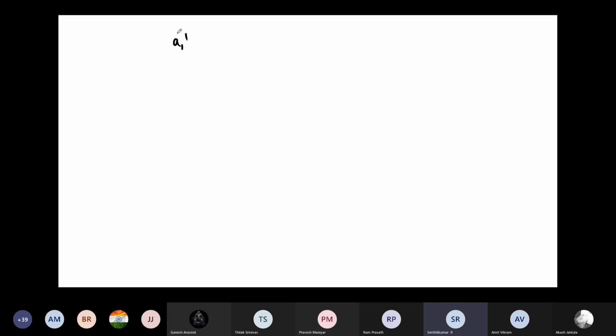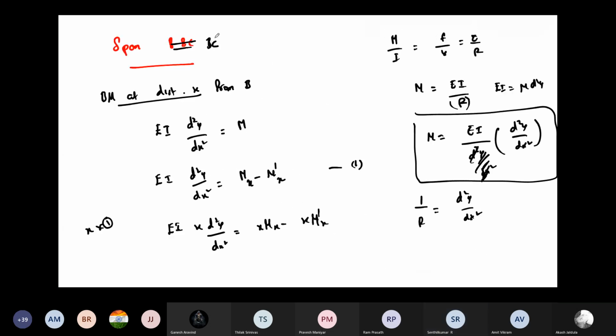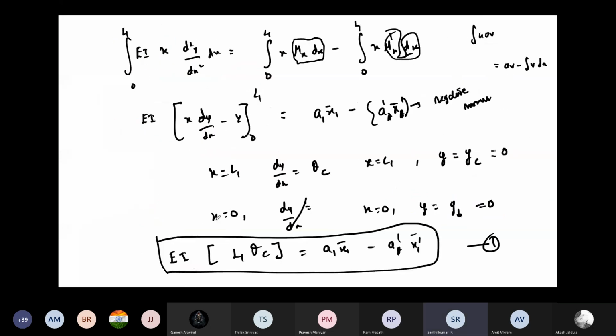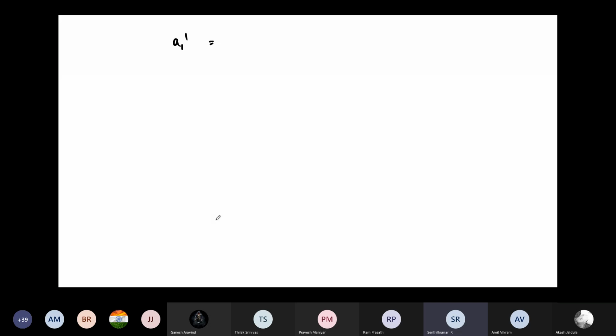What is your A1 dash? Your A1 dash will be the area of the bending moment diagram of this part. It's a trapezium, right? This part. What is the area of the bending moment diagram, A1 dash? A1 dash will be nothing but, this is your bending moment diagram, a trapezium with MB and MC. So it is MB plus MC into the depth, so L1 by 2.